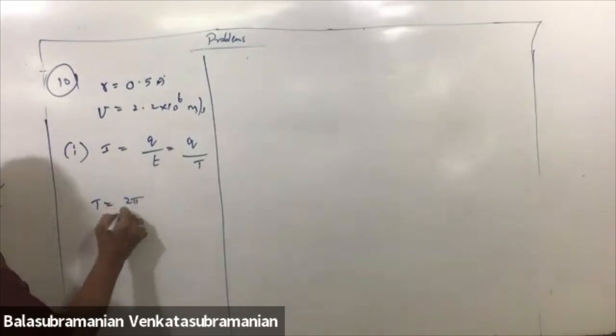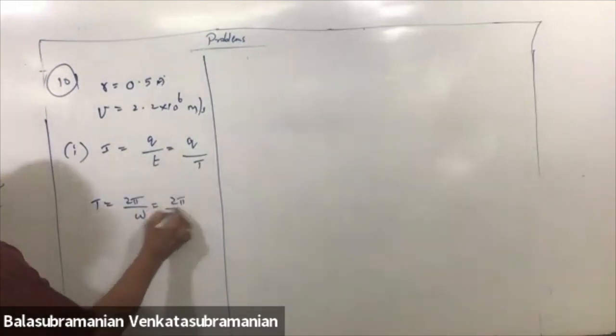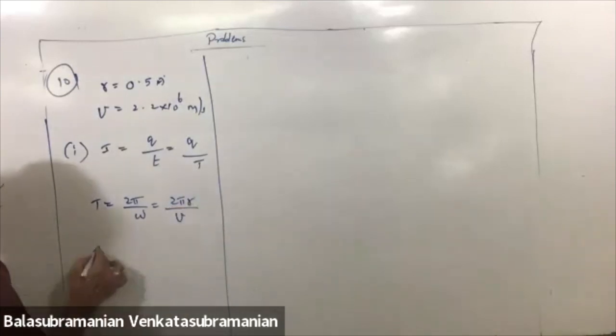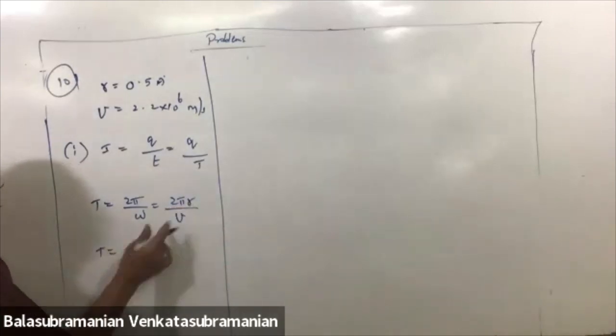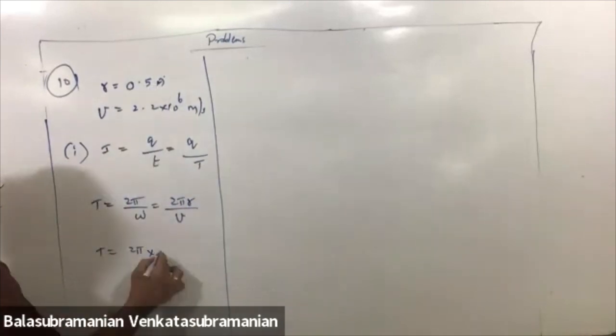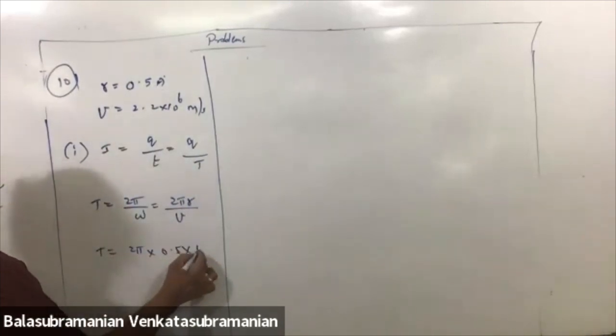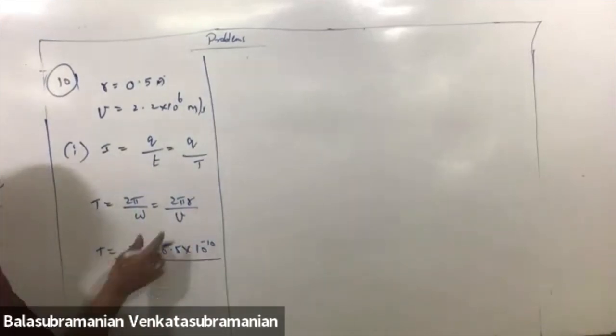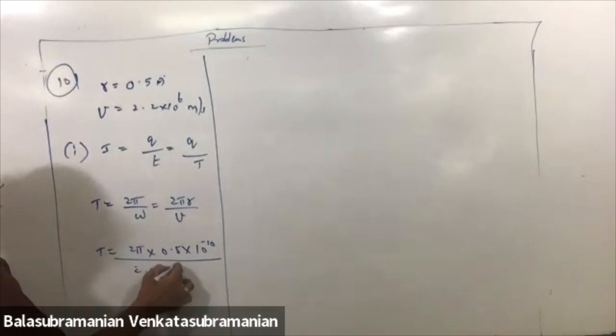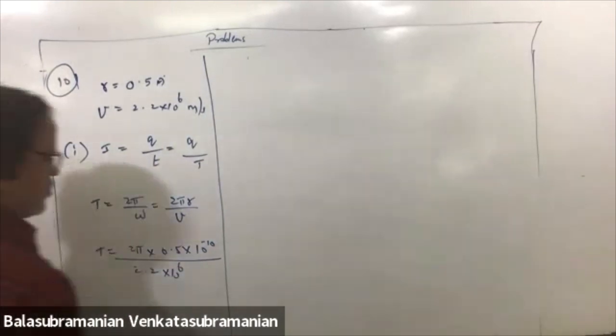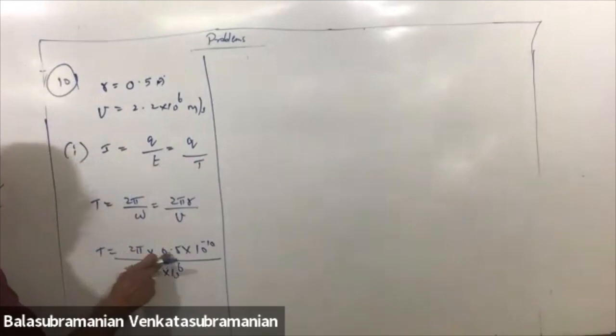T is 2 pi by omega, and omega is v by R. So 2 pi into R, which is 0.5 Angstrom. Angstrom unit means 10 power minus 10, divided by velocity 2.2 into 10 power 6. 2 into 0.5 is 1.